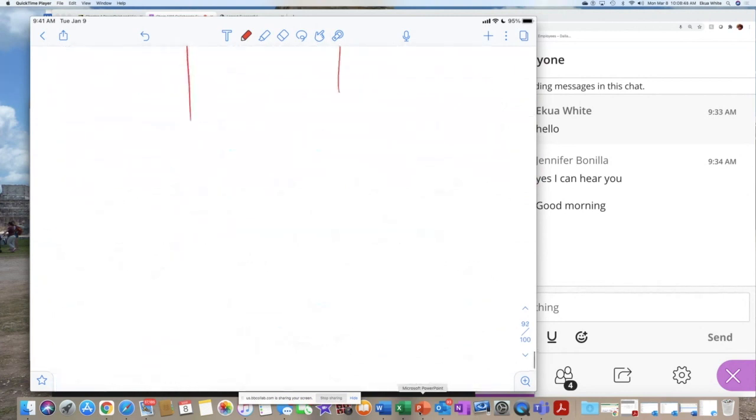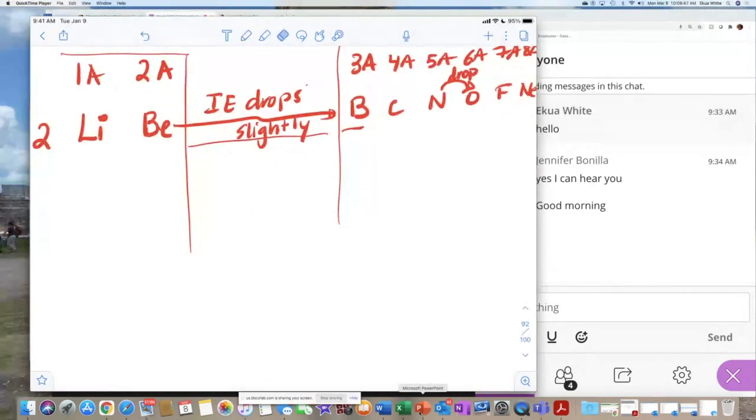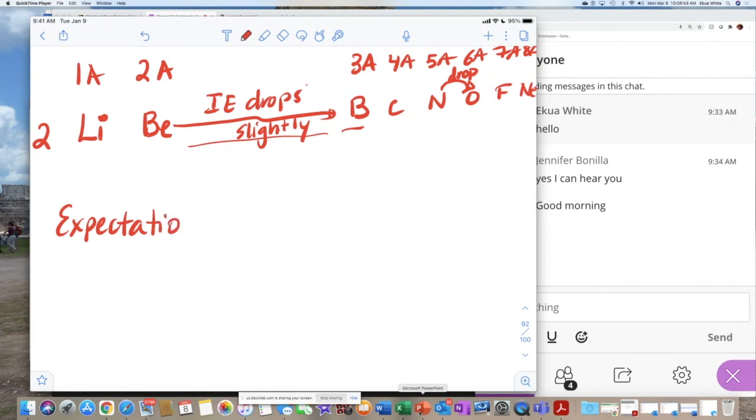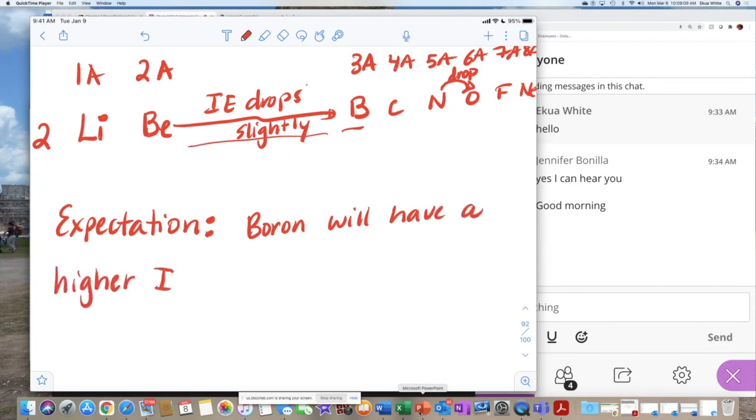So going back here, what do we expect? So our expectation versus the actual. Since the ionization energy increases, the expectation is boron will have a higher ionization energy than beryllium.